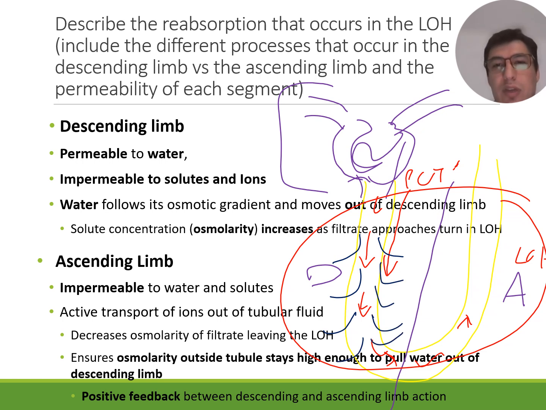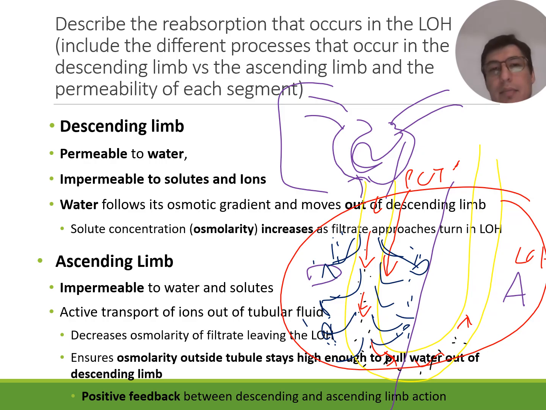And that is because around that tubule, there is a higher osmotic gradient, so water is pulled out. Because of the higher osmolarity outside of that tubule, you can see now that what is left within that tubule is highly concentrated.